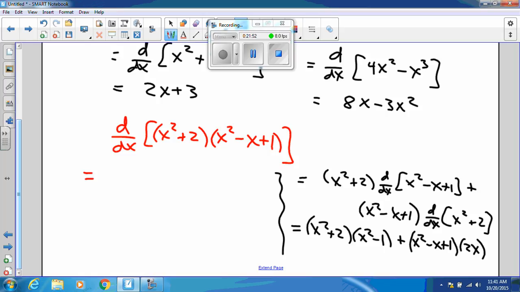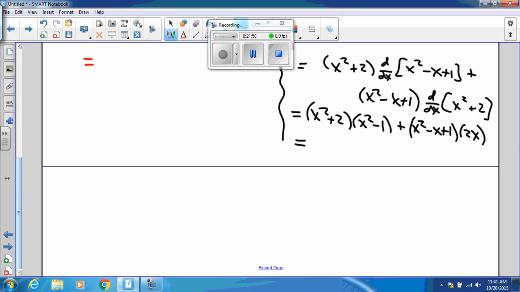And now the simplification turns out to be the pain in the next step on this side, right?